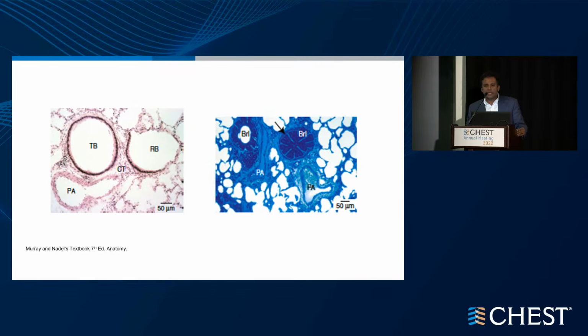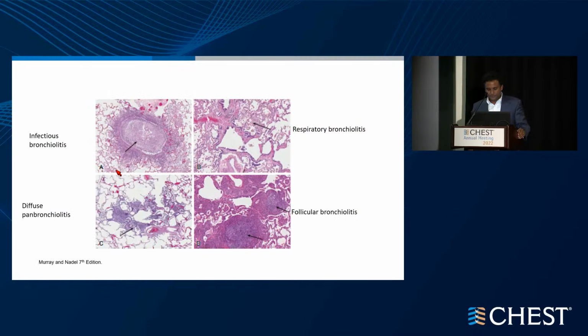Okay. So this is a histological section showing TB, which is a terminal bronchiole. The respiratory bronchiole, as you can see, is partially covered by ciliated epithelium, and it communicates with the alveolar spaces. This is along with the pulmonary artery, and this is the connective tissue which keeps it together.